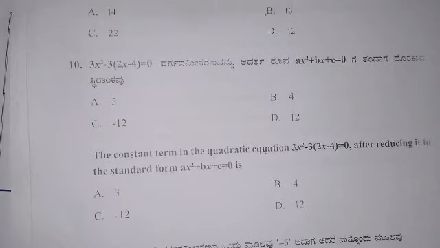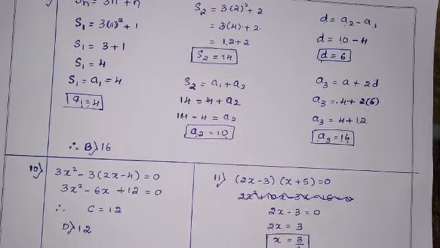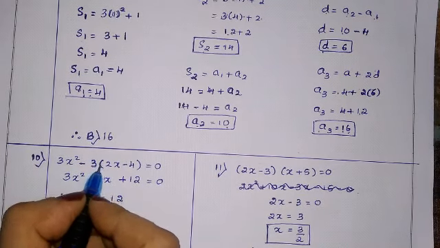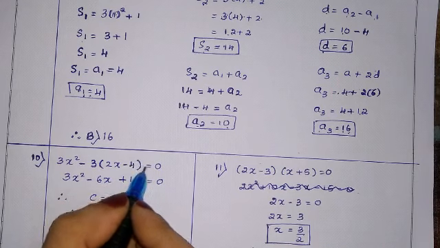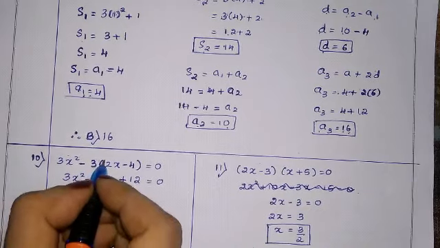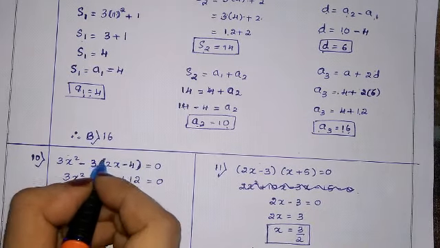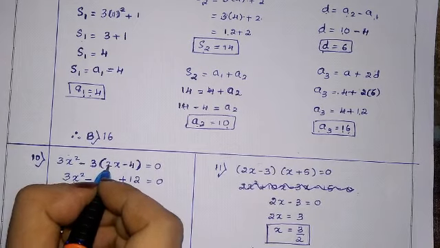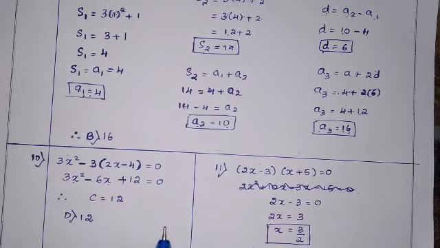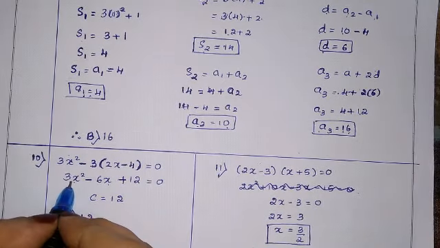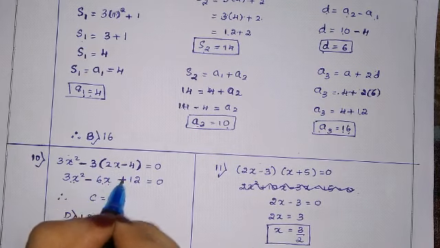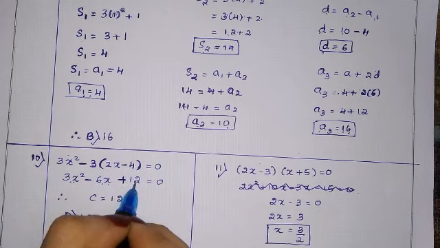First we will reduce this equation in the standard form. 3x square minus 3 into 2x minus 4 equal to 0. 3x square as it is, because it is a single term, minus, we will open this bracket. This bracket is for this 3. 3 twos are 6x, minus minus plus, 3 fours are 12.